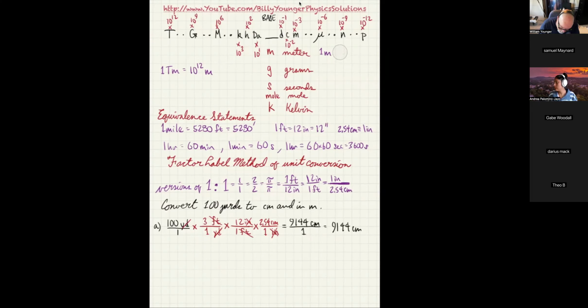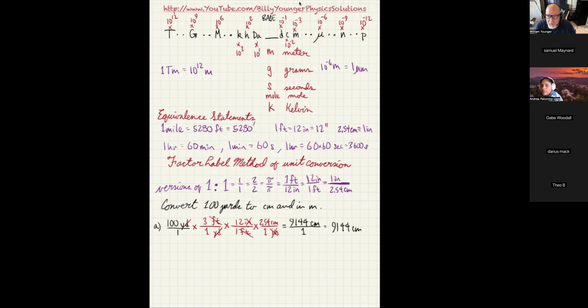So instead of writing 1 meter, I write 10 to the negative 6 meters, which corresponds to this space, and I relate it to this space, so that is equal to 1 micrometer.